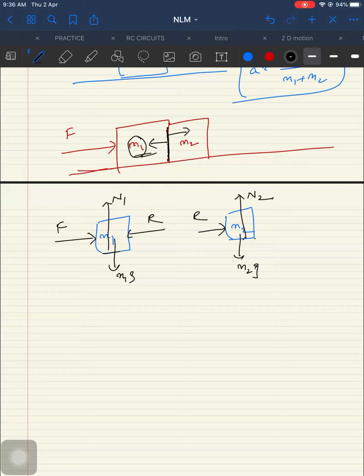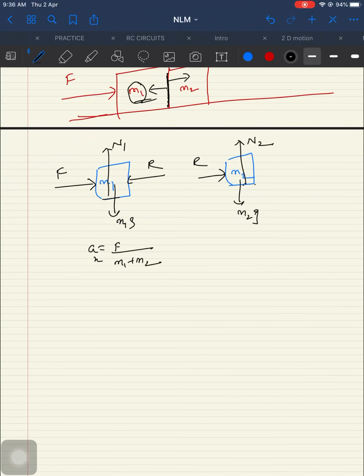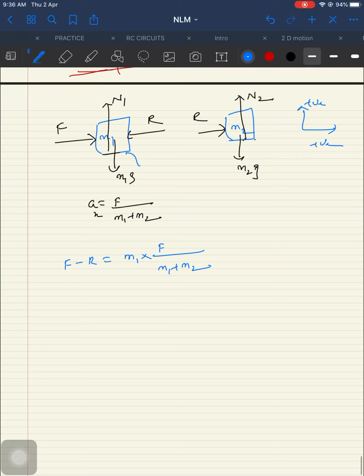Now we know the acceleration: ax is equal to F over (m1 plus m2). Sigma Fx is equal to m ax, taking the right side as positive. So F minus R is equal to m1 into acceleration, which is F over (m1 plus m2).